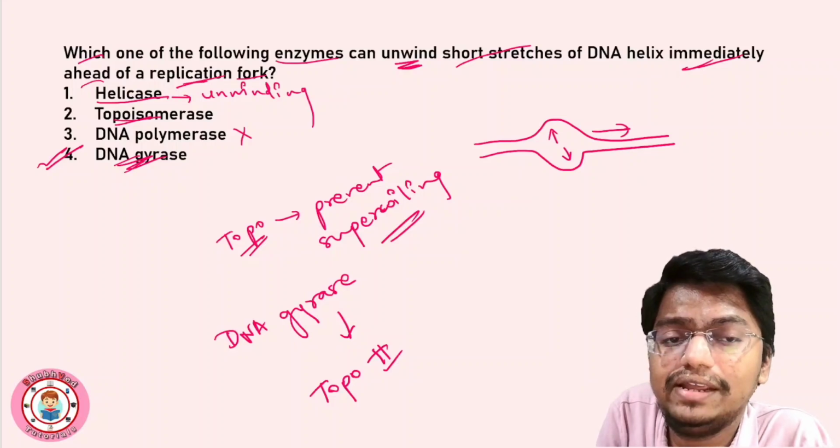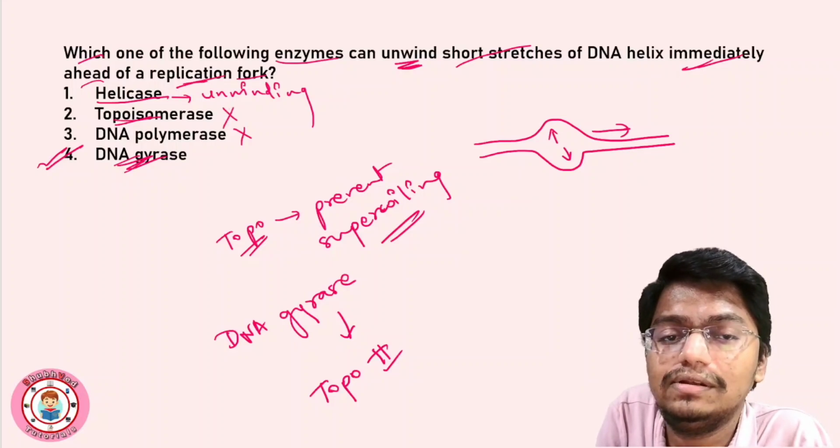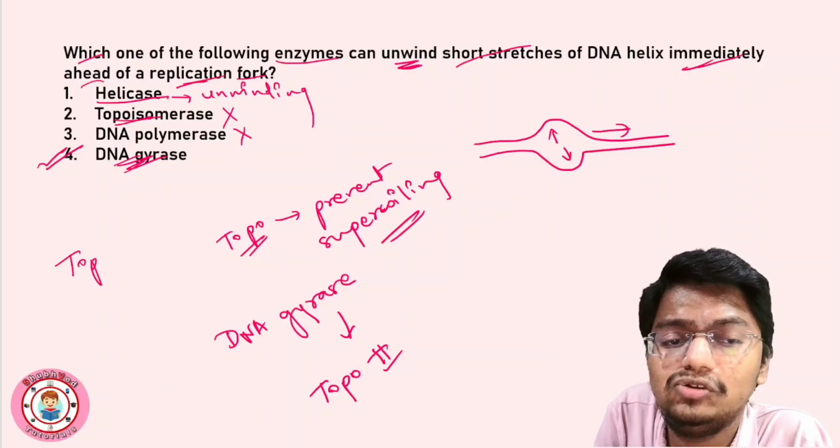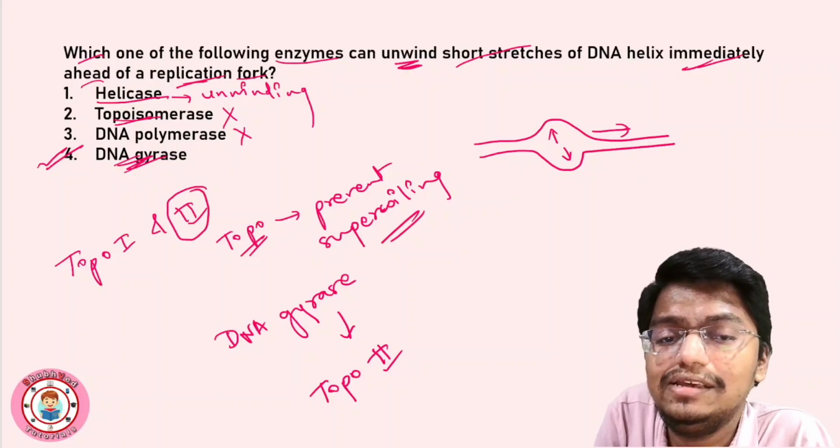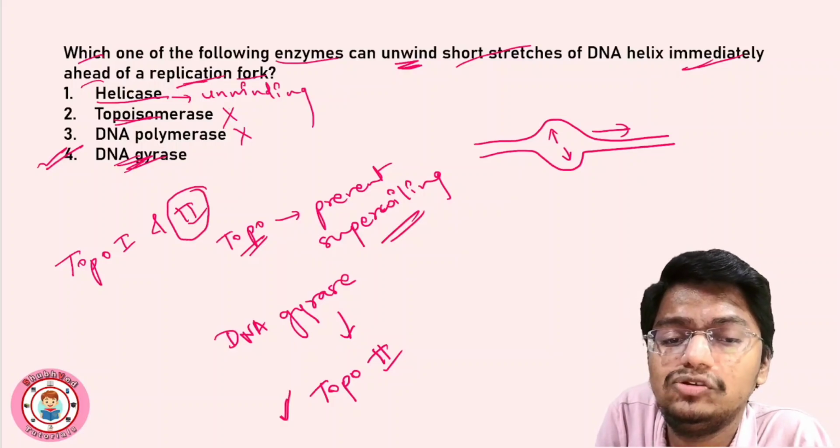And this is why the topoisomerase is not the answer, because if we say topoisomerase, then topoisomerase 1 भी आएगा and 2 भी आएगा, but we want only 2 as the answer. So DNA gyrase is basically topoisomerase 2.